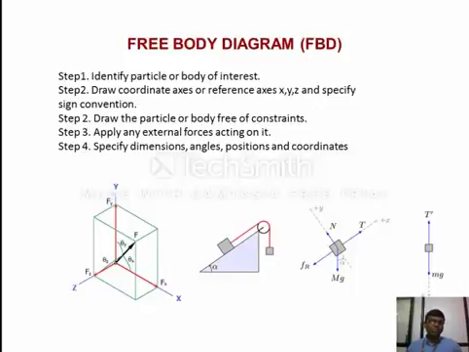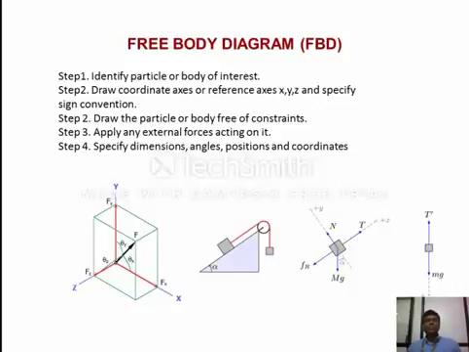The first step to draw a free body diagram: identify the particle, body, or body of interest, draw a coordinate axis or reference axis x, y, z, and specify the sign convention. It is very important that you specify which direction you are assuming as a positive force, and which direction you are assuming as a positive moment.